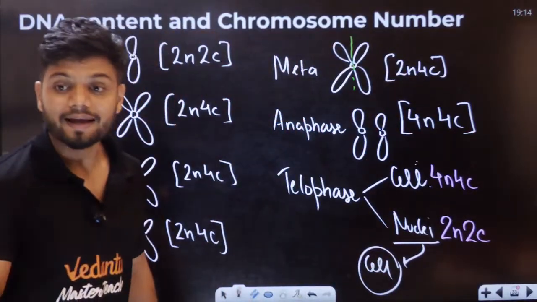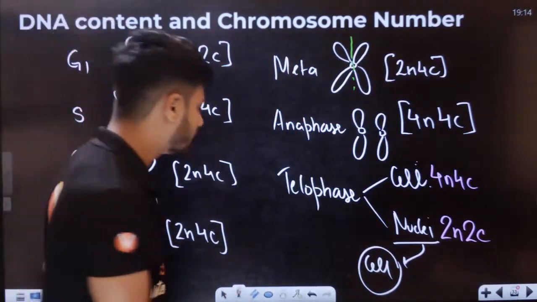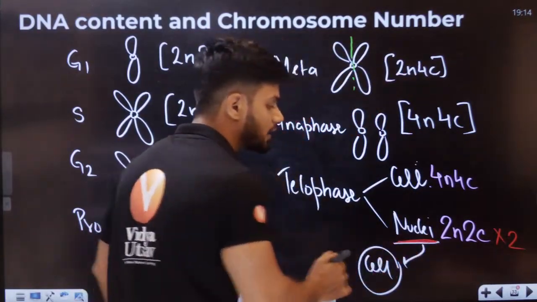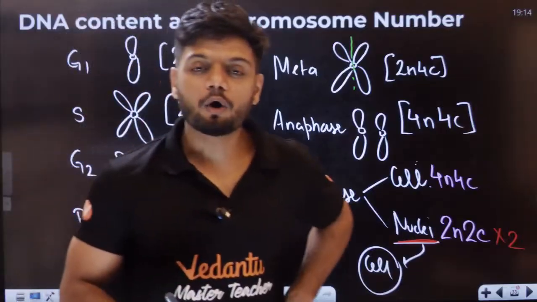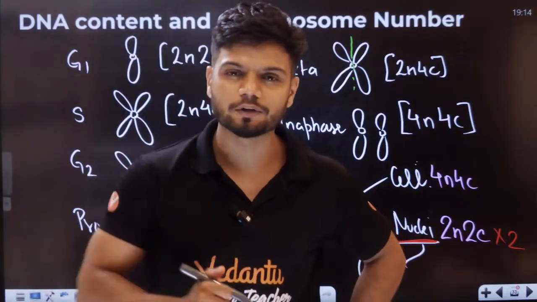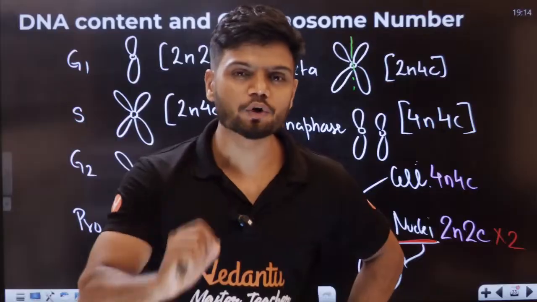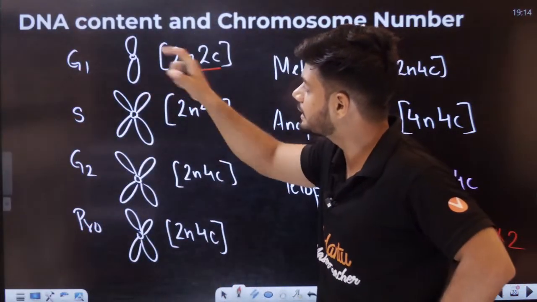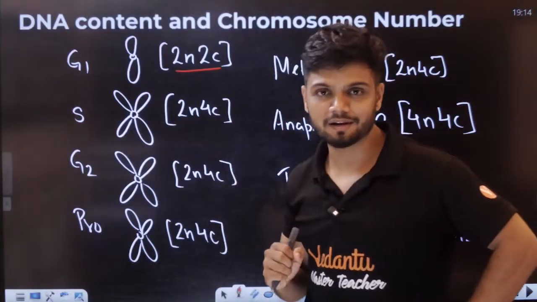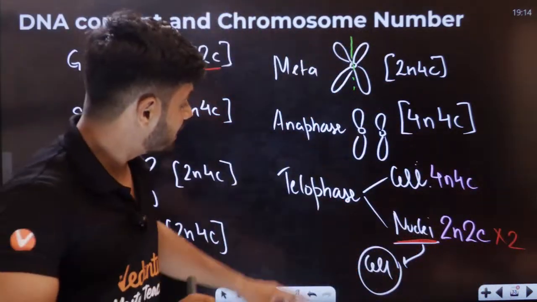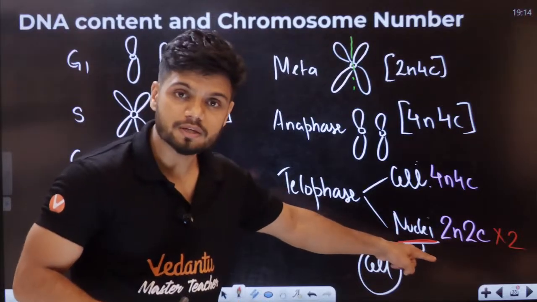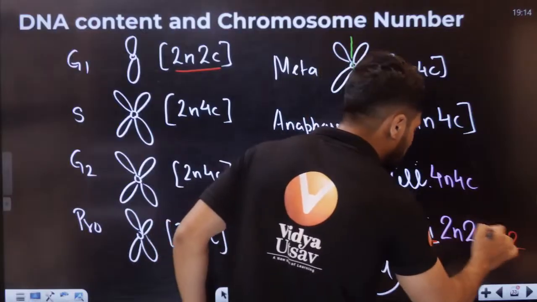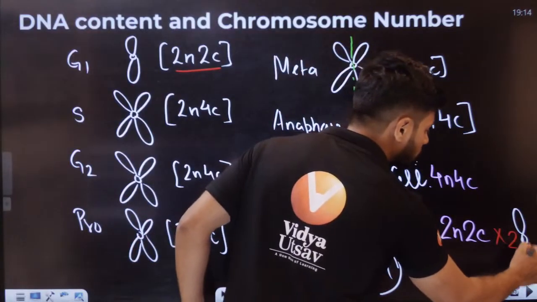And how many nuclei do I have, students? I have 2 nuclei. Students, how did we start this entire mitosis? The entire mitosis started with 2N and 2C, one nucleus, one cell, and in the end, did we get the same 2N and 2C with a single chromatid?